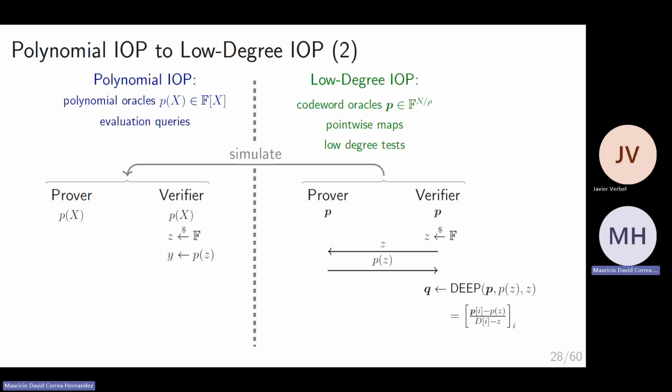And so this really is the value of the zerofier for z in the ith domain point. We use that to update the ith point of the code word by first subtracting the evaluation at z. This is just another application of the divisibility theorem. So if P was a valid code word, and if P of Z really is the correct evaluation at Z, then Q must be another valid code word.